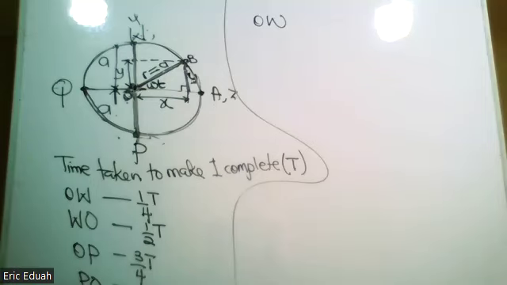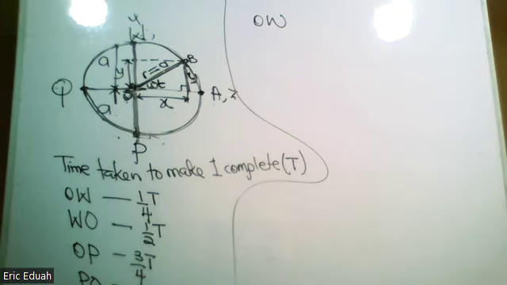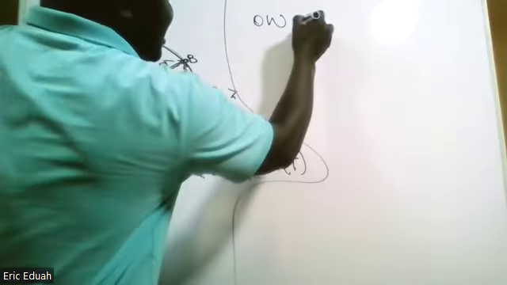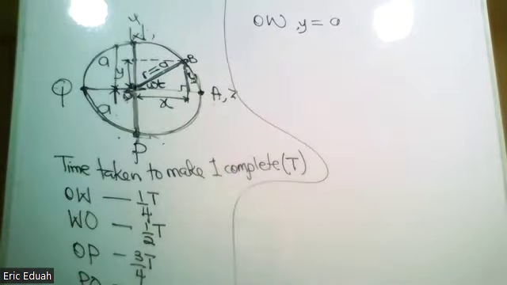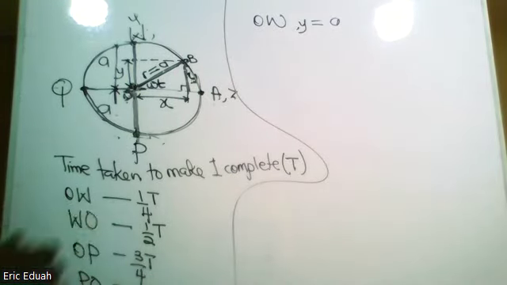It's equal to the amplitude. Thank you. So when you move from O to W, Y must be equal to A. Let's see if when we use time, we'll get the same thing.